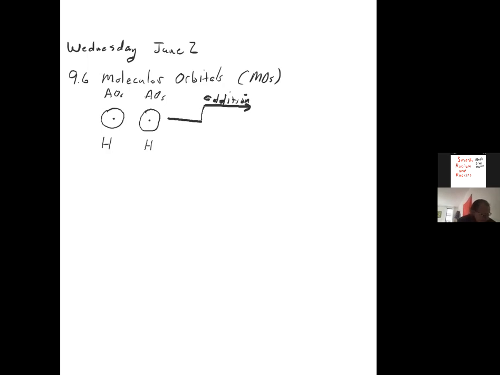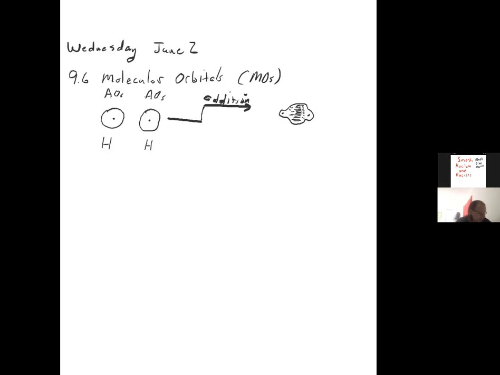Okay. And when they add, what happens is those waves essentially form a new type of orbital where there's a lot of electron density. So the electrons have a high probability of being between the two nuclei, right?